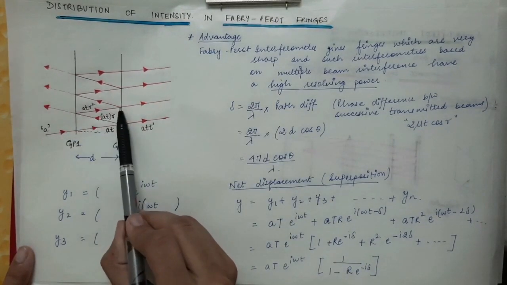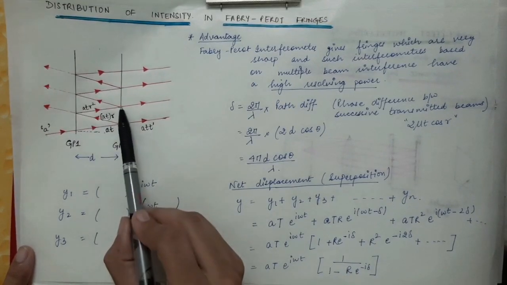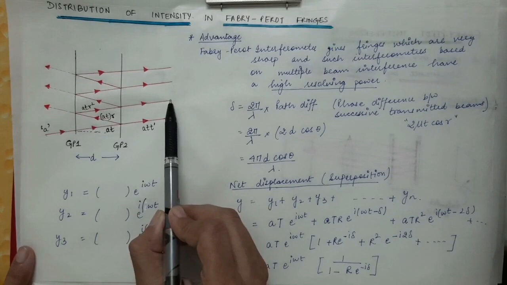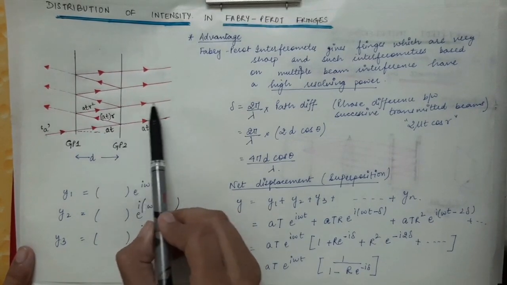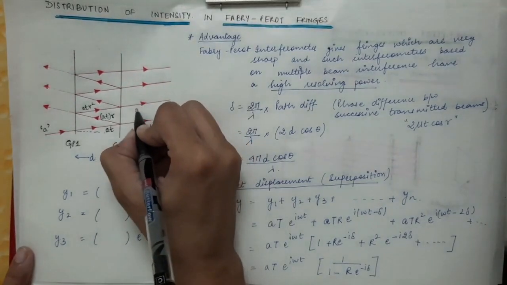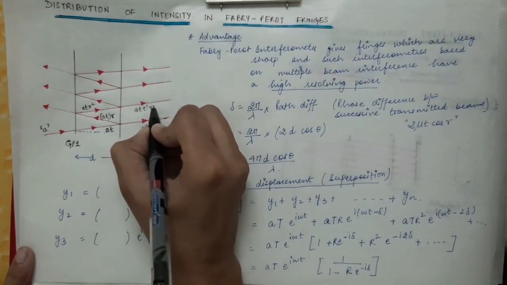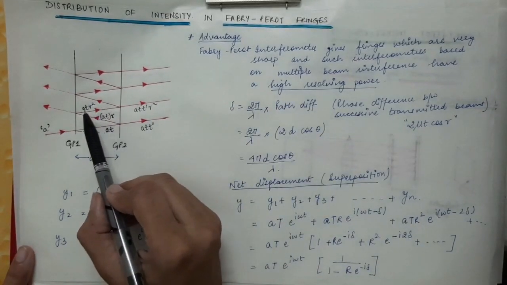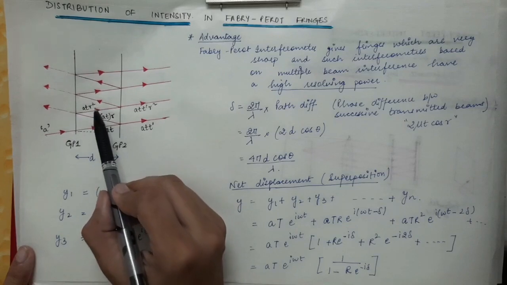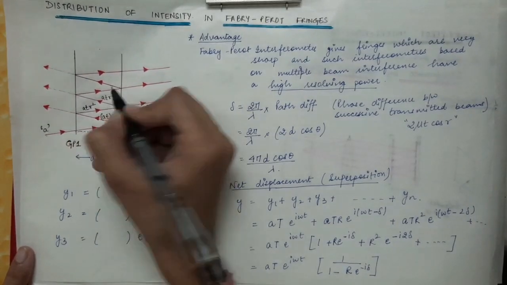This incident ray again will get transmitted and reflected. This transmitted ray will have an amplitude of ATR square times T prime, because it is the transmitted ray. So ATR square times T prime means ATT prime times R square, and the reflected ray will have an amplitude of ATR square into R, which will be ATR cube.